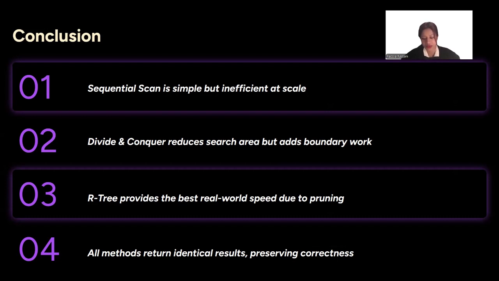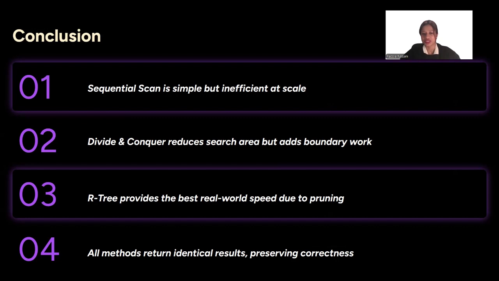And we can conclude that R-tree provides the best real world speed due to its pruning and grouping, and it's very, very efficient in the real world when we are ordering food or ordering a cab. Even when we are looking for the nearest cafe, we want the results in real time.